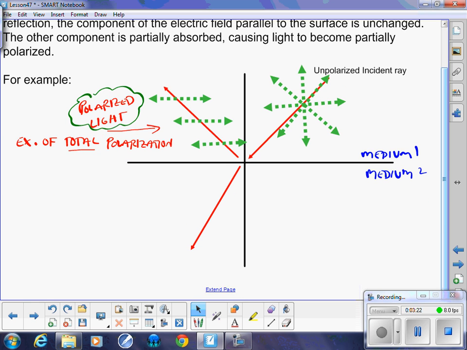What happens to the rest of the light? Well, let's say it's air and water, so let's think of yourself out on a boat or out on the beach, and you've got that sharp glare coming off the water. It's because of that polarized light reflecting. Now, we know we can still see underwater, which means light needs to pass through.